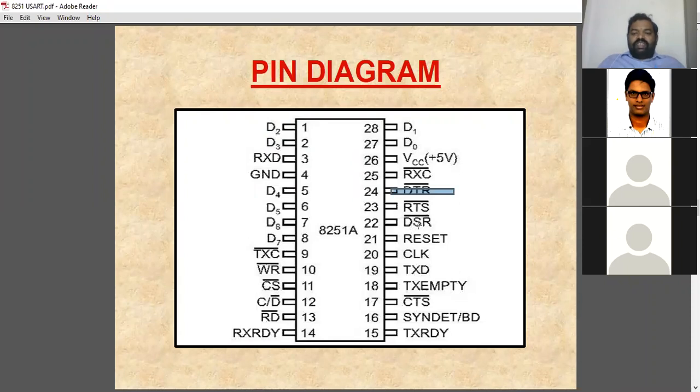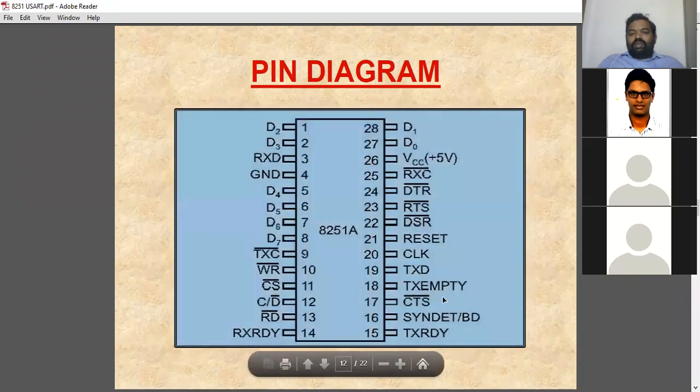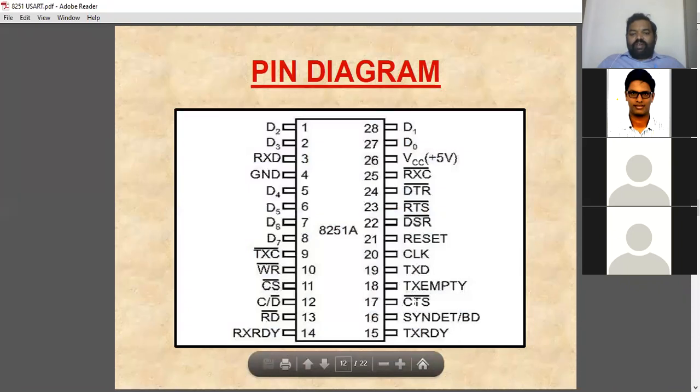After getting the DSR bar signal from the modem, the 8251 will send a request to send signal, RTS bar, right? This is an output signal. So DTR bar and RTS bar are the output signals of the 8251, and DSR bar and CTS bar are the input signals of the 8251.